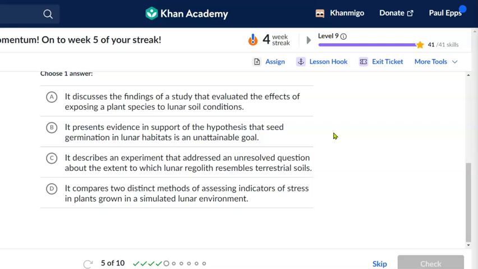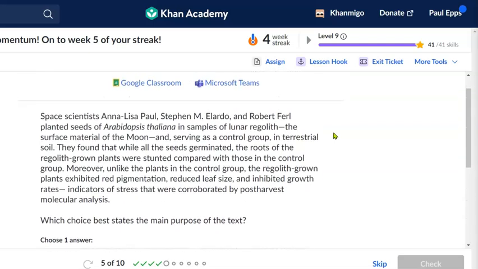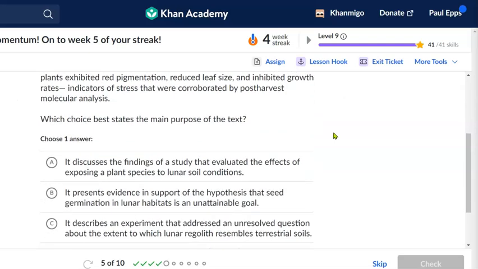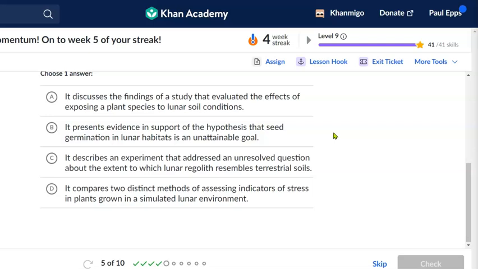C, it describes an experiment that addressed an unresolved question about the extent to which lunar regolith resembles terrestrial soils. I don't know that that's what they were trying to address. It doesn't really say that that's what they were trying to address.